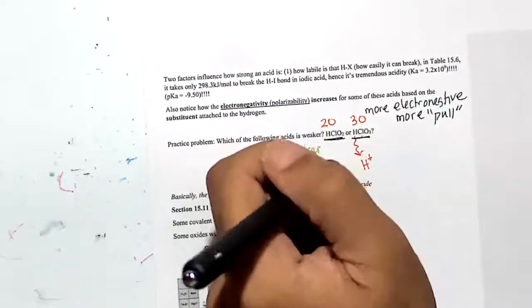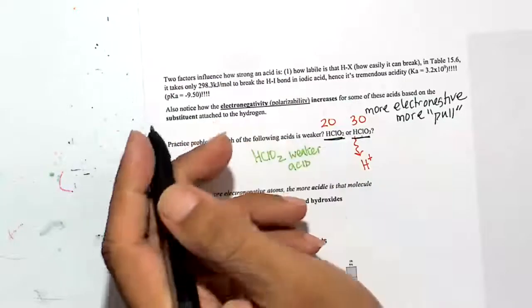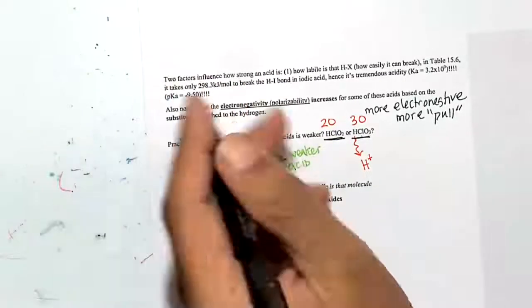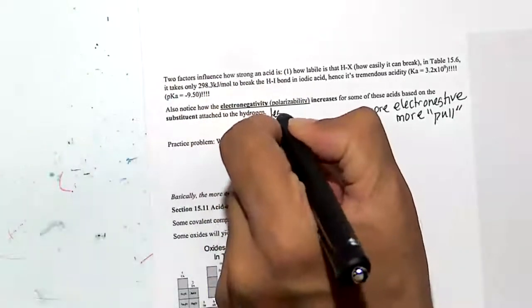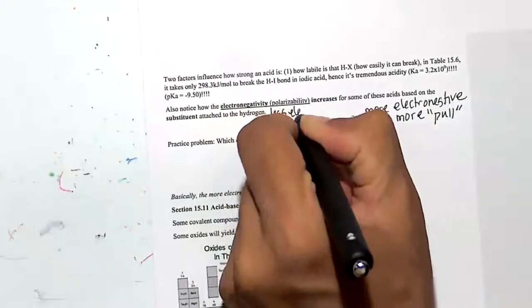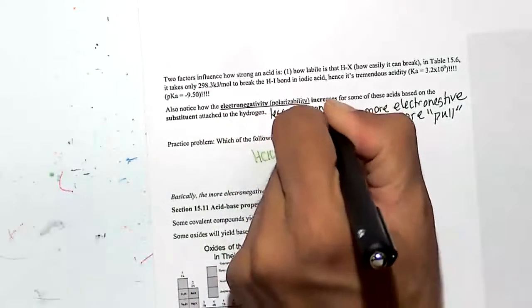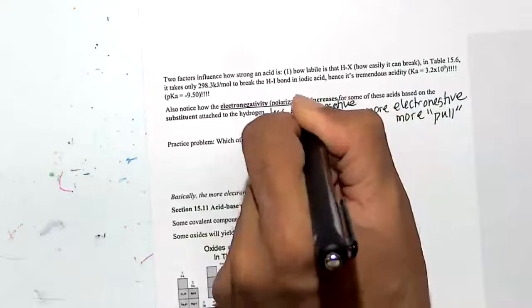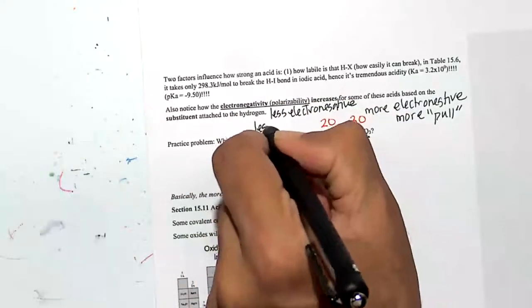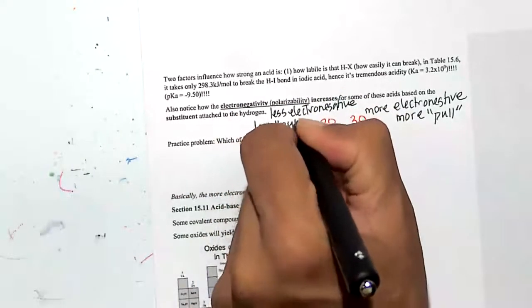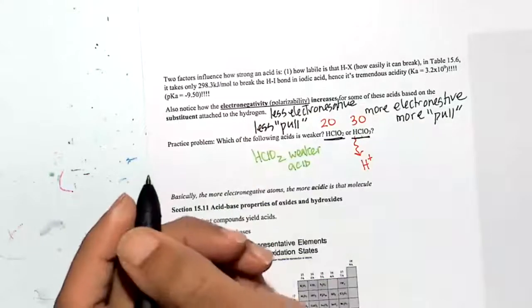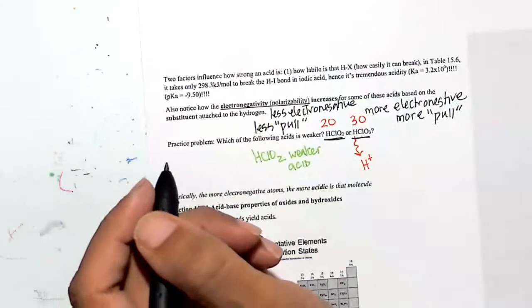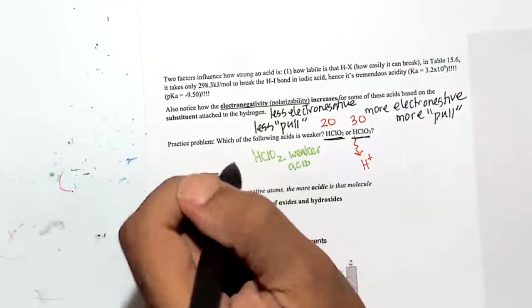The 2 oxygens on HClO2, less electronegative, less pull. Less electronegativity, less pull, weaker acid.